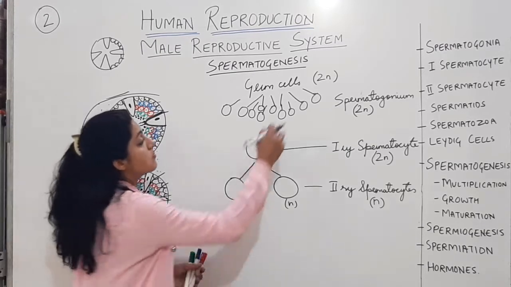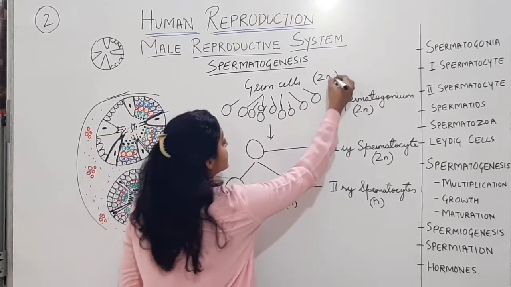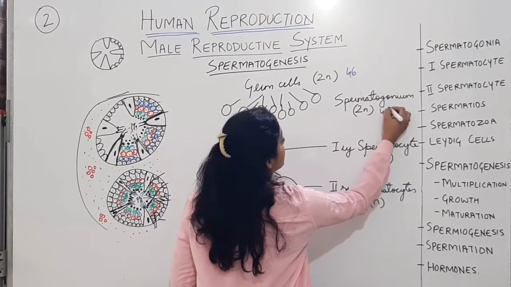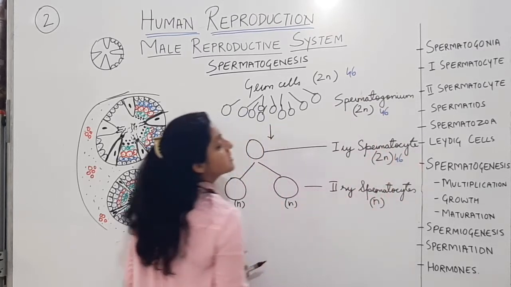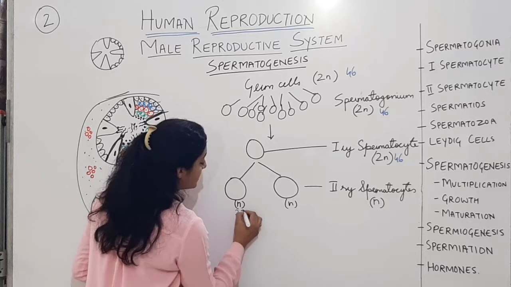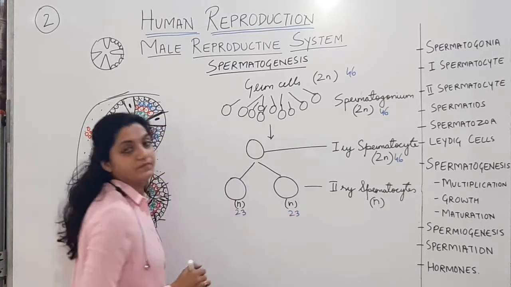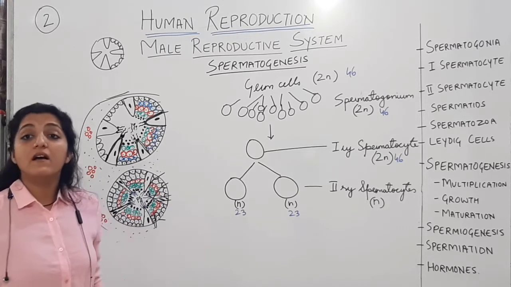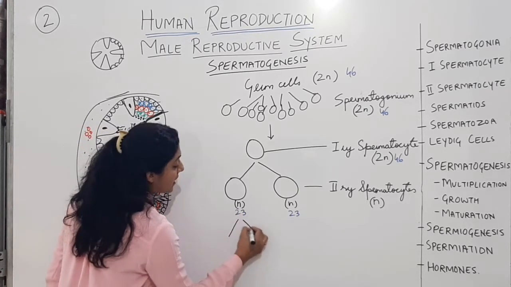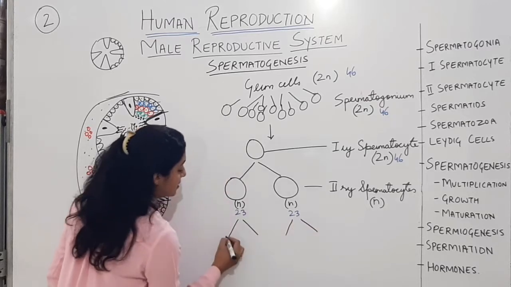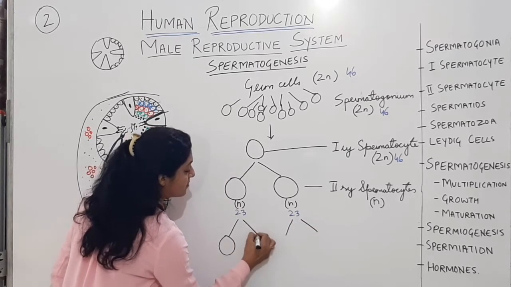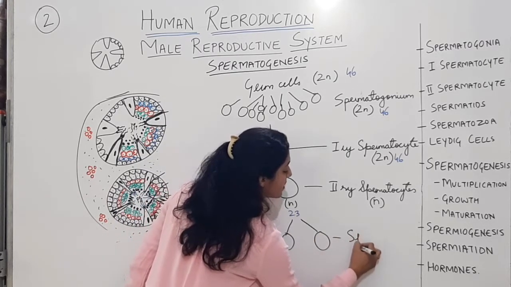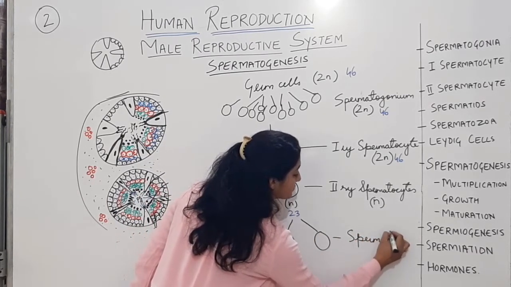Alright. So if the chromosome number over here is 46, here 46, here 46, here it will become 23, 23. These secondary spermatocytes again undergo reduction division, again undergo meiosis to form haploid cells which are called spermatids.